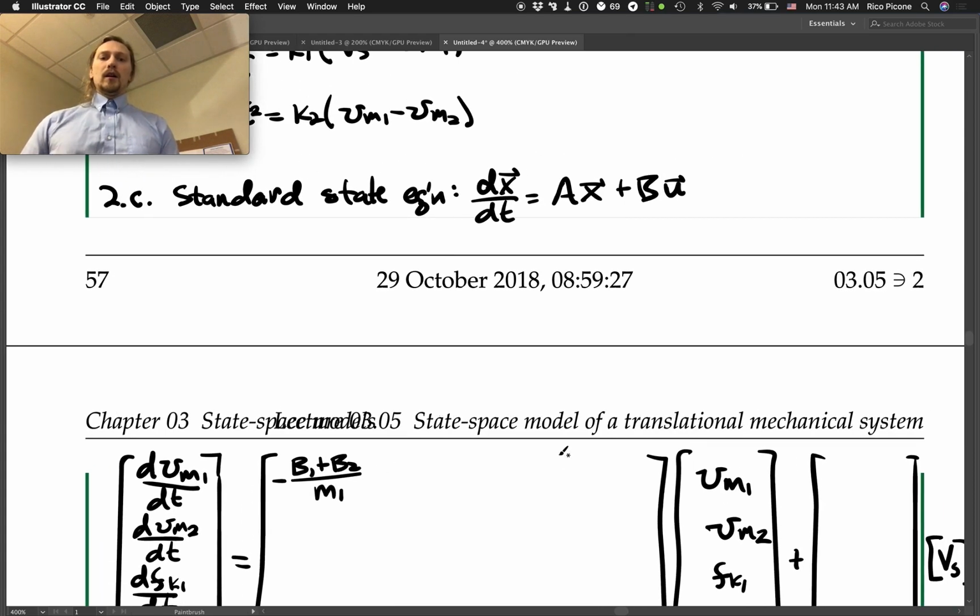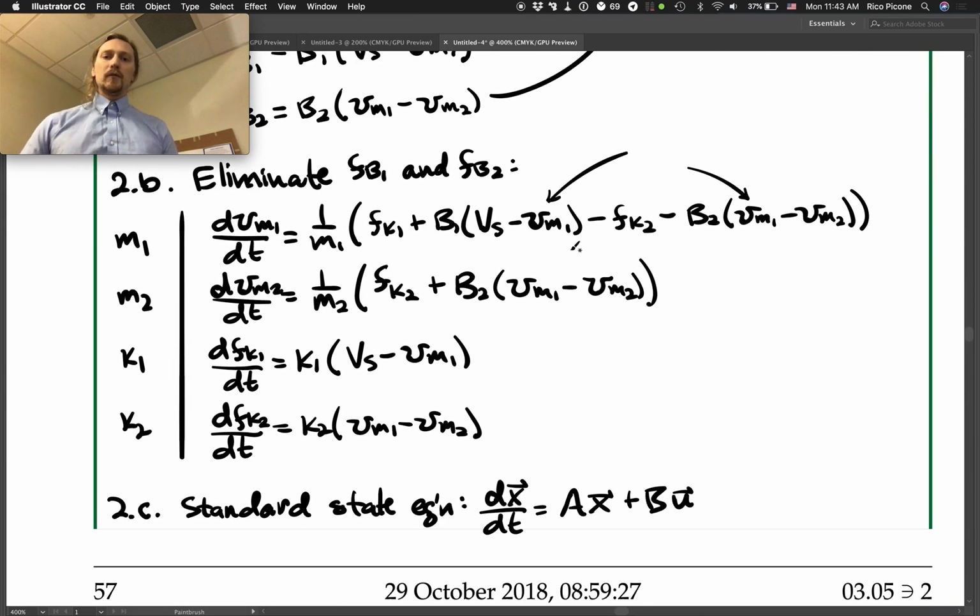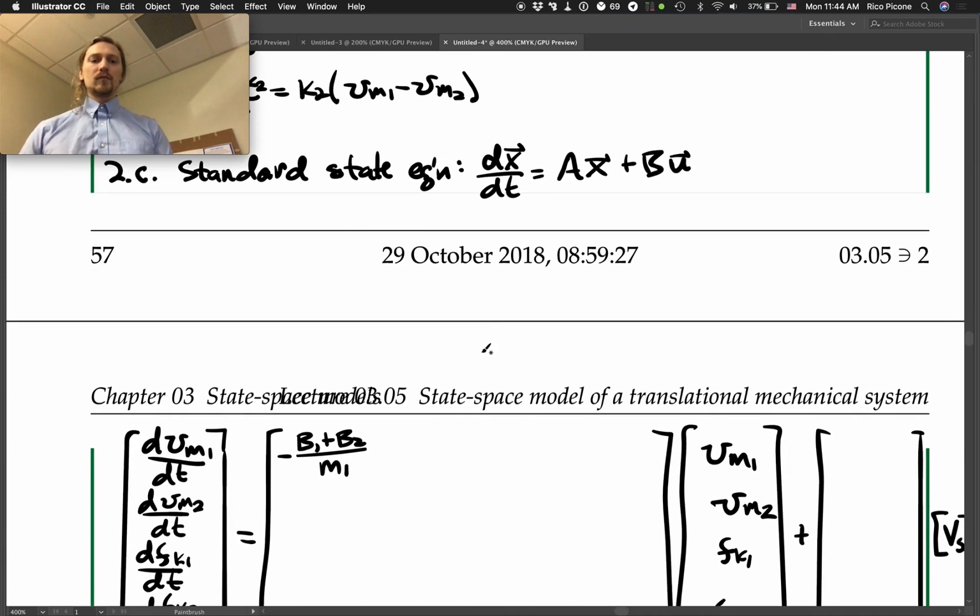And the Vm2 coefficient, looking through here, it only shows up once, Vm2. So it's negative b2 times negative Vm1, so positive b2 over m1. So b2 over m1.